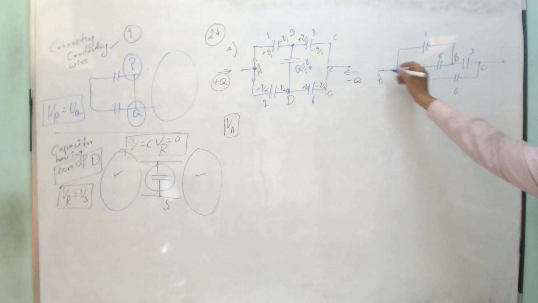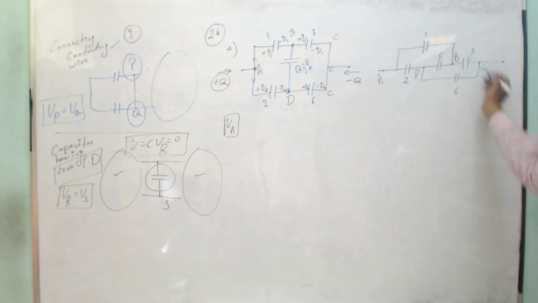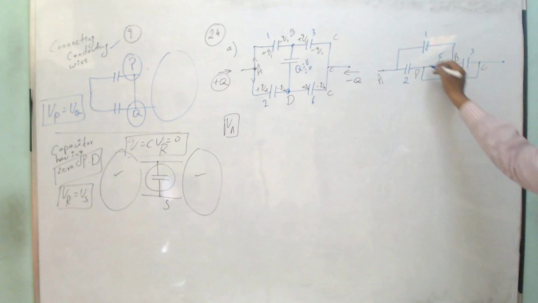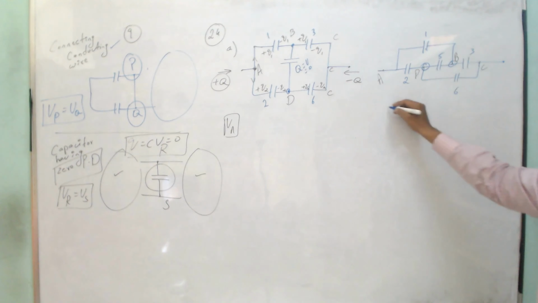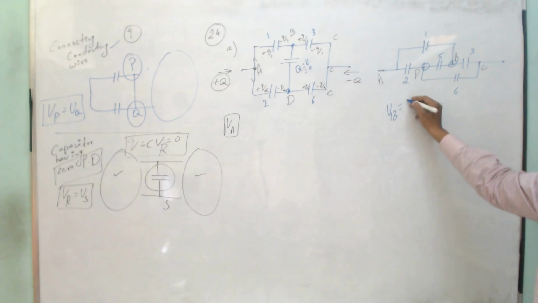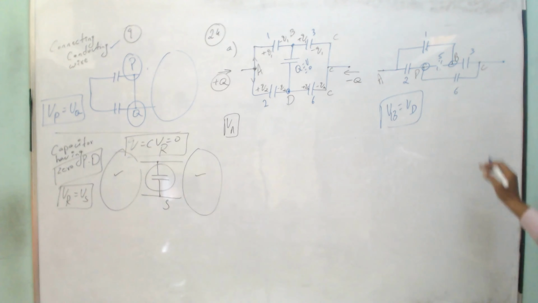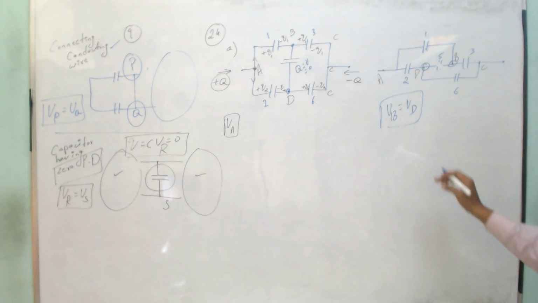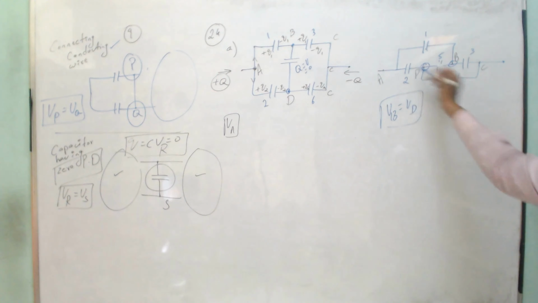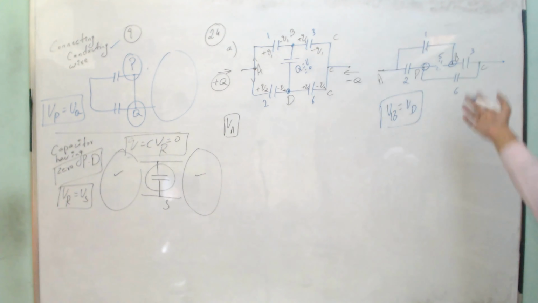Same happens here also. That means VB is equal to VD. Therefore, I can remove my 5 microfarad. For 1-3 series, 2-6 series, just like the previous one. All A, B, C, all three are same in that question.